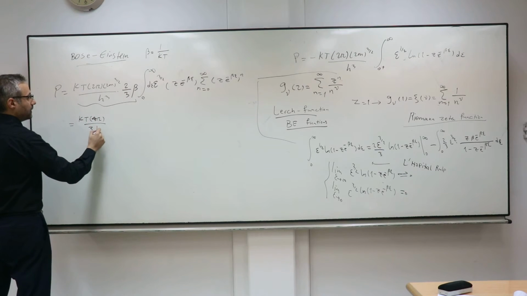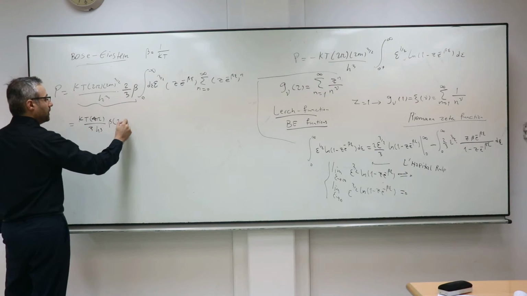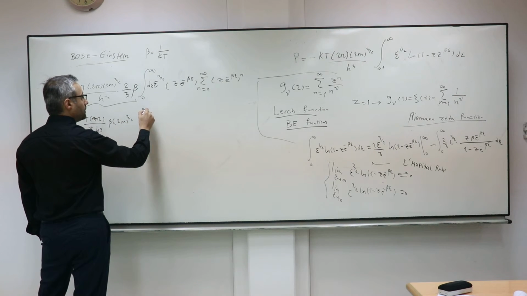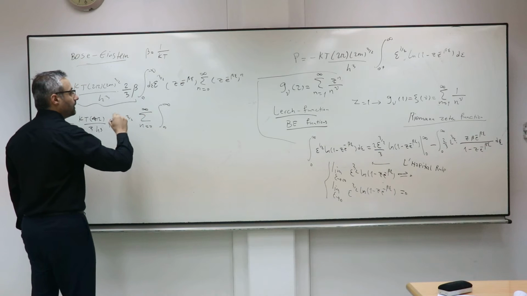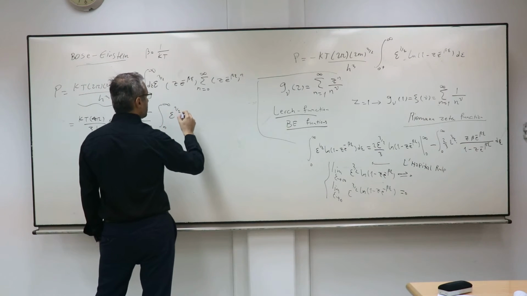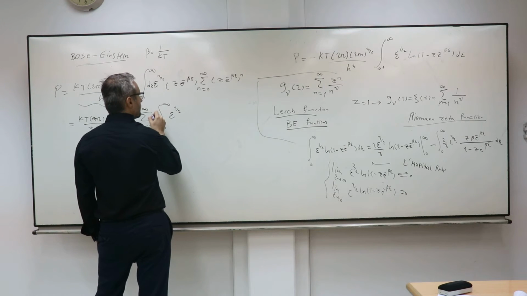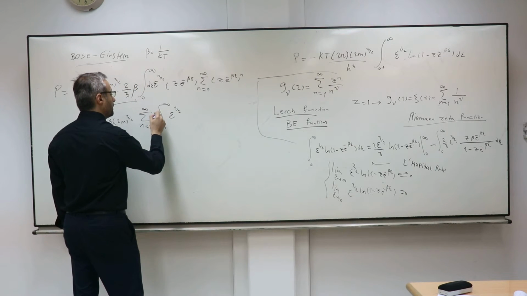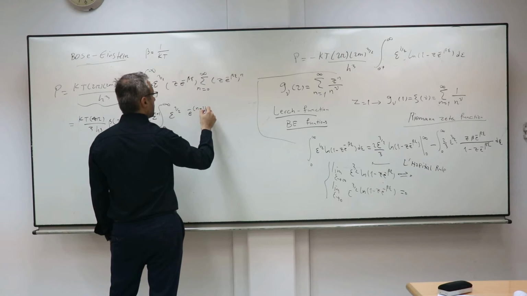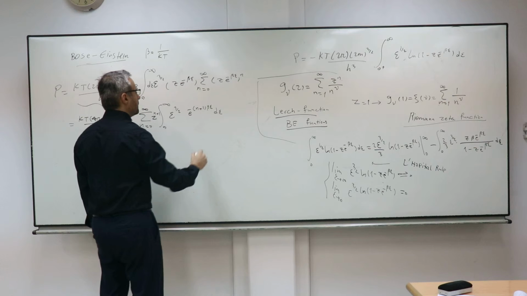4π over 3h³ β 2m to the power 3/2, sum over n from 0 to infinity, and integral from 0 to infinity of z^(n+1).